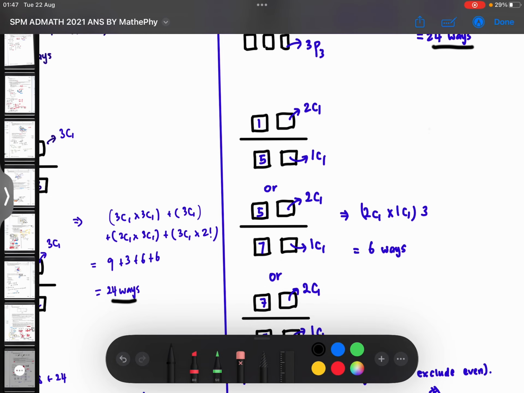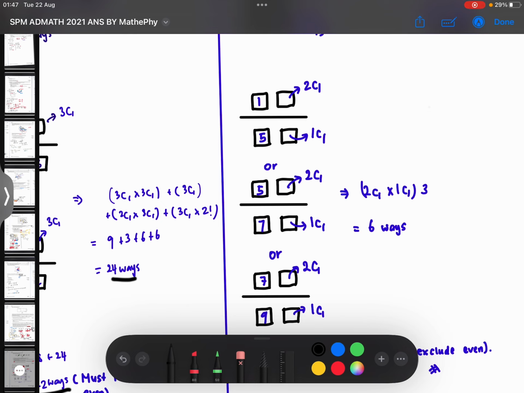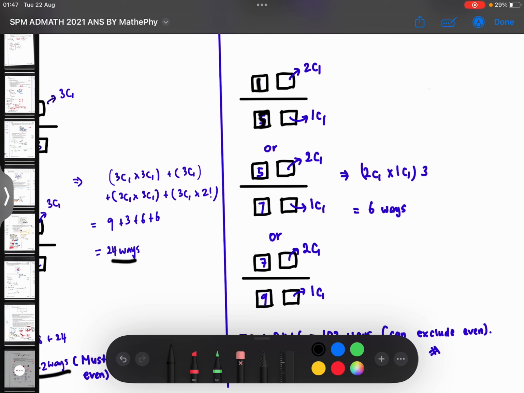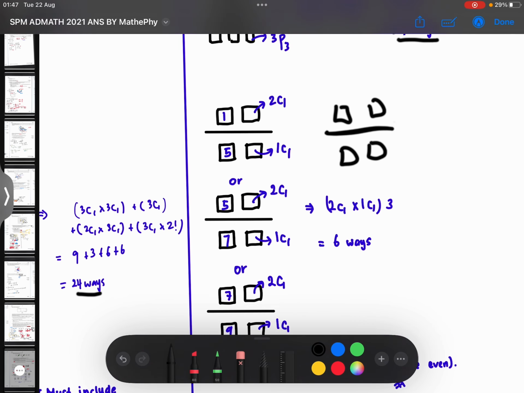For the second case, which has two-digit numbers for the denominator and numerator, I need to set it like this because I want to avoid any possibility of improper fraction. So I set 1 5, 5 7, 7 9. I cannot just randomly use it like this, because we exclude even numbers, so we are left with 4, so 4P2 and 4P2.